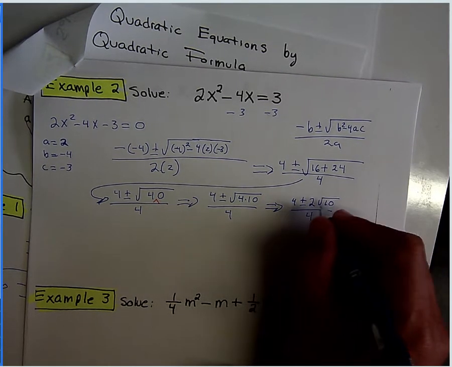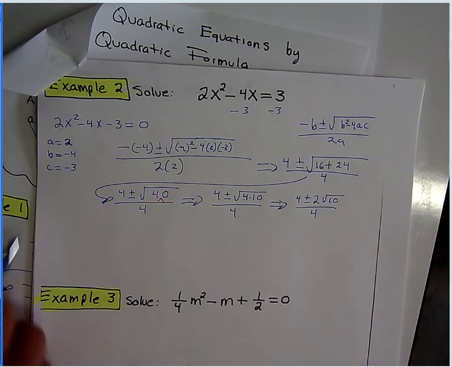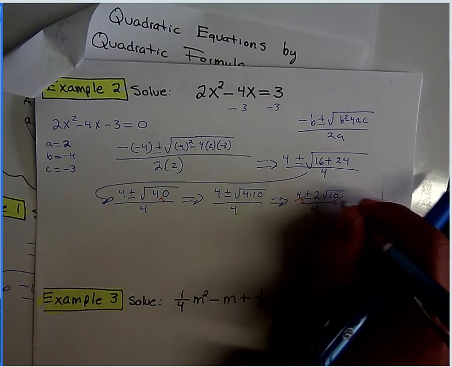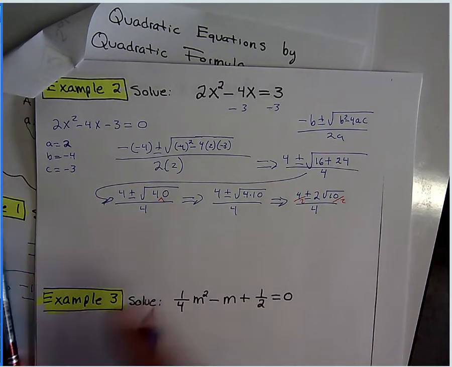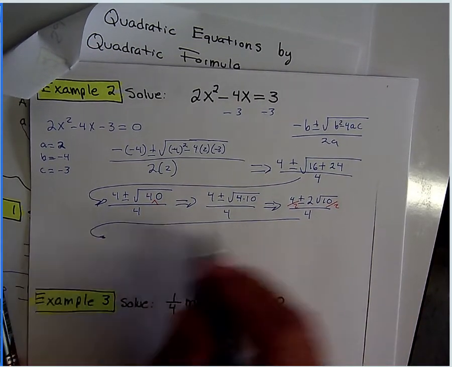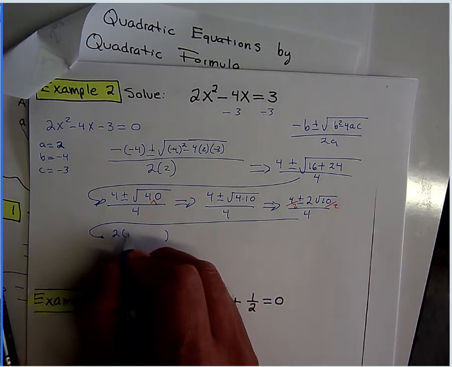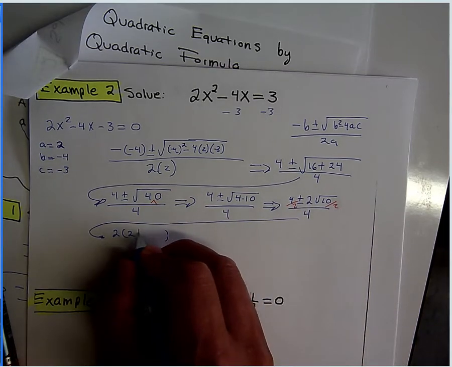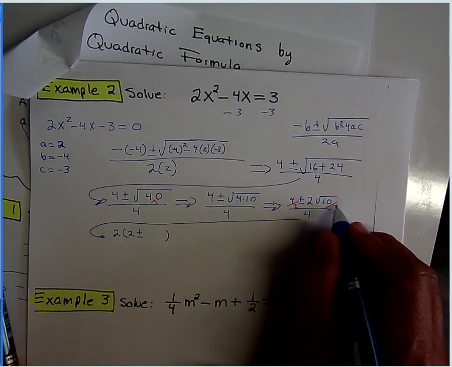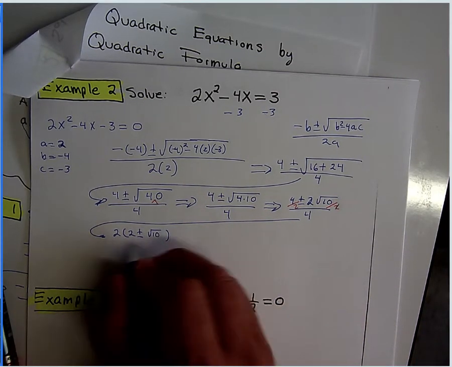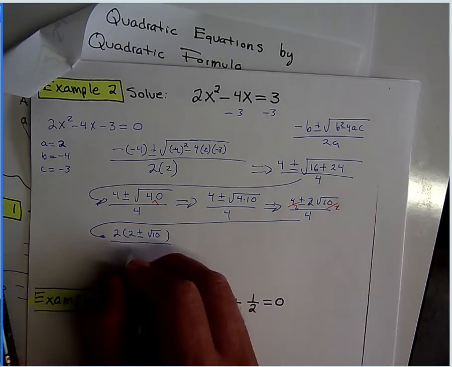Okay, from here you can factor out the GCF from the top. Those skills come in handy, those things that you've learned. So GCF is 2. So you're going to have the 2 outside. 4 divided by 2 is 2, plus minus 2 divided by 2 becomes a 1, so you get the square root of 10, over 4.